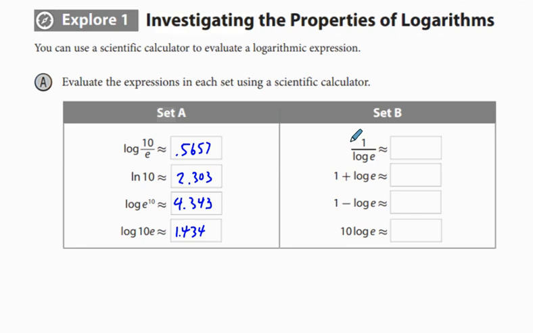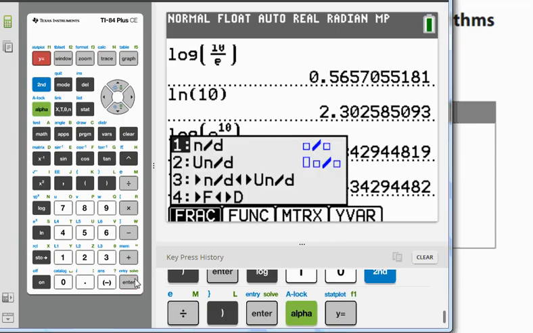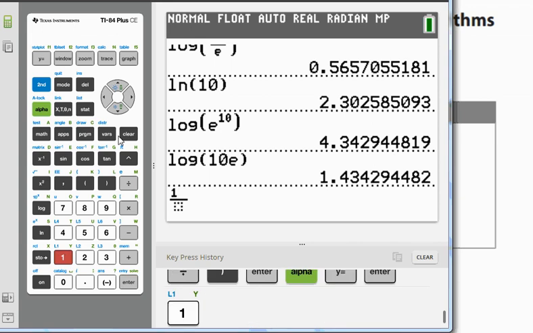And now we go to the column on the right. 1 over log e. So here we go, 1 over log e.